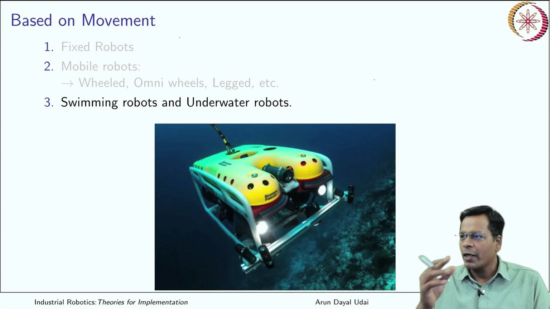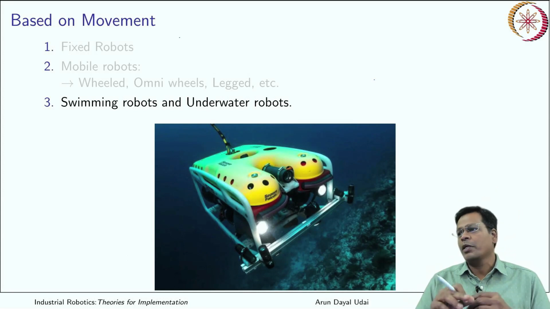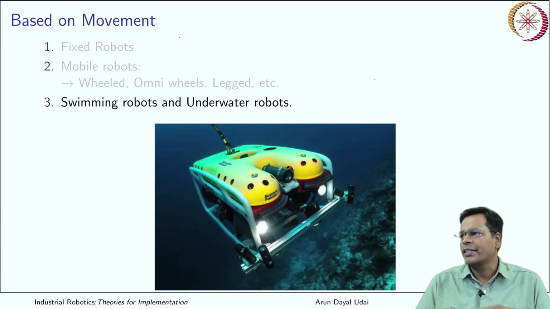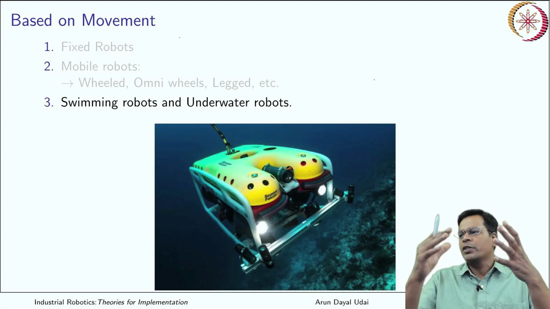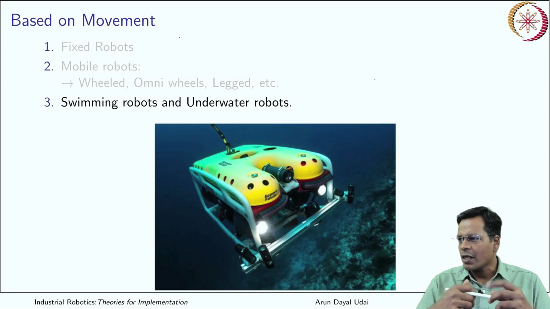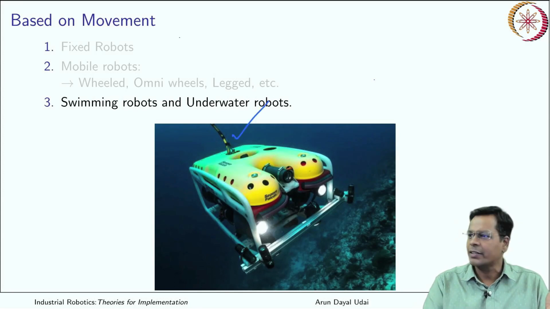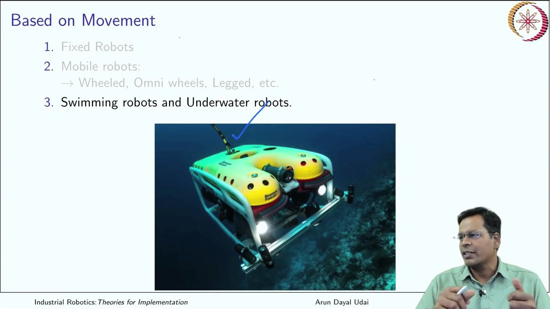So another big classification is swimming robots. They can swim on the surface or go inside the water. Some exploration can be done. You might have seen this kind of robot on National Geographic or Discovery channels. They are mostly teleoperated robots connected from a base floating on the top, which is a ship. From the ship it is connected using a tethered cable like this, and then it is remotely operated from the top.